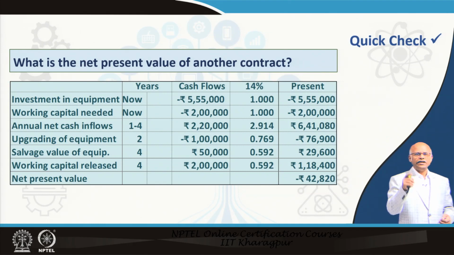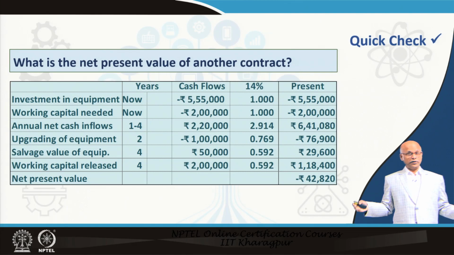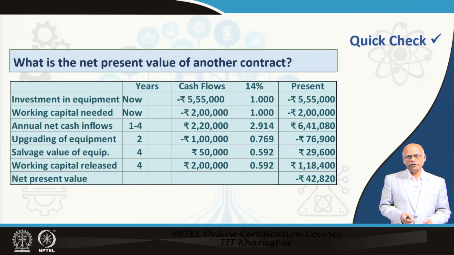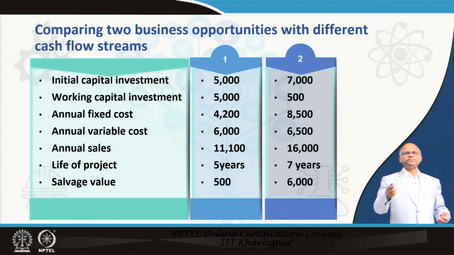You just multiply with 2.9 on 4, you get the total present value of the 4 inflows of revenue, or say net cash inflow. It becomes 641,080 and you add them up, you get 42,820 negative. So, you do not accept it if your expected rate of return is 14%.